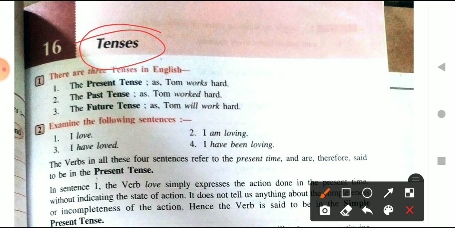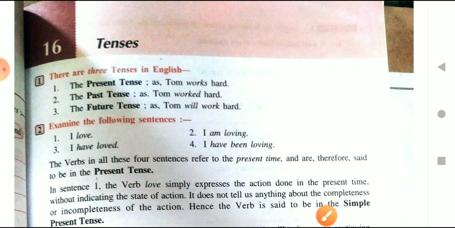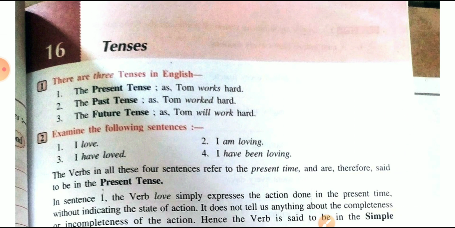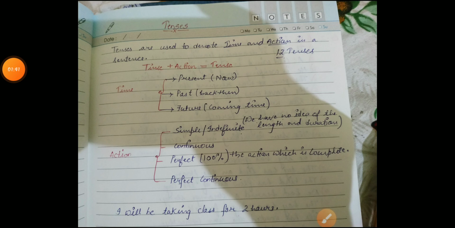So in the previous class we talked about tenses. And what are tenses? Tenses refer to the time and action in a sentence, right? So here, children, let's do a very quick revision of what tenses are.